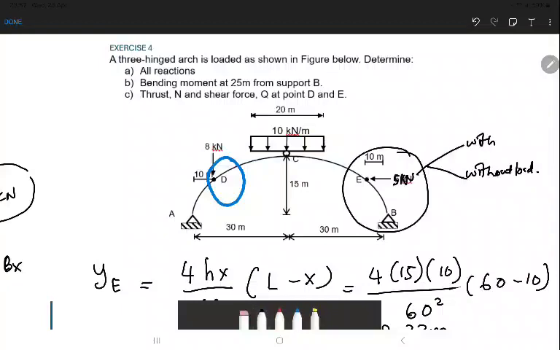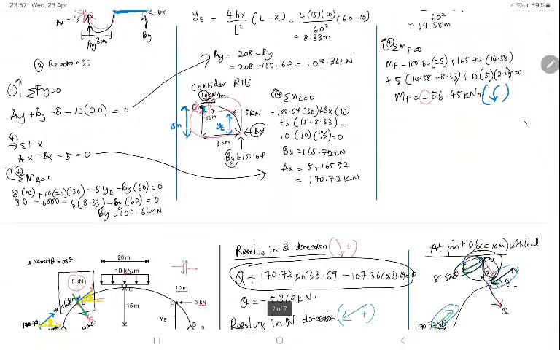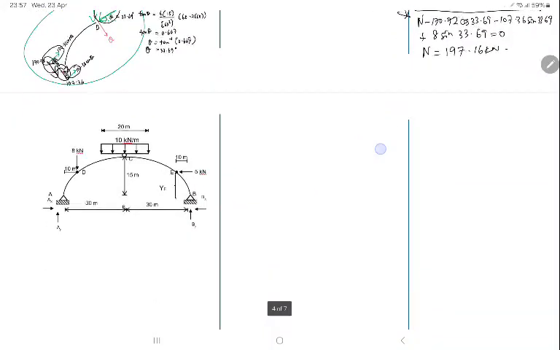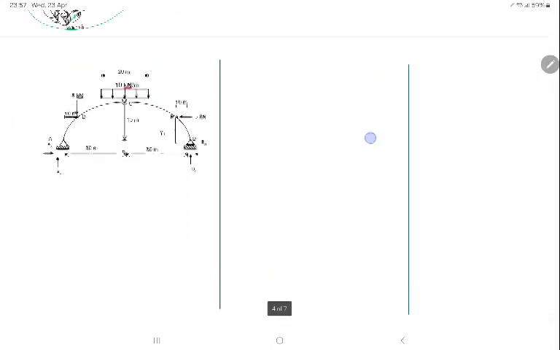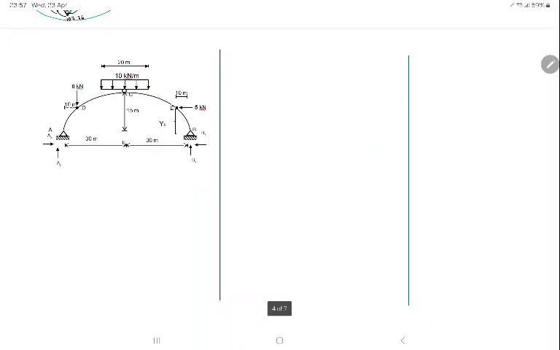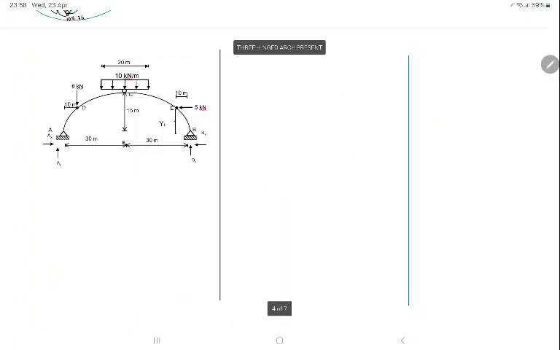Okay, let's go. So we do for theta first. Sketch it first.